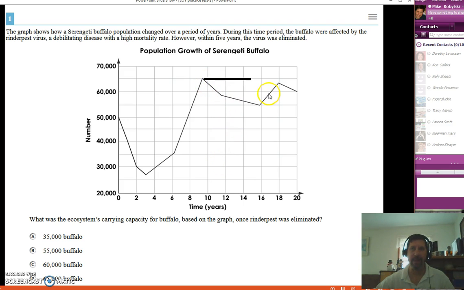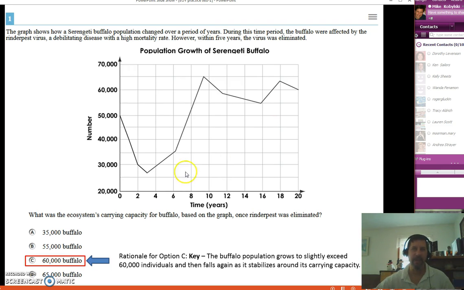Now, what do we have again? We have it going back up to a different point up here at 63,000. And as soon as it reached 63,000, what did it do? It dropped right off. So what would be the best answer for the carrying capacity after the virus? Well, it would be 60,000 of the answers they have here. And here's the rationale.